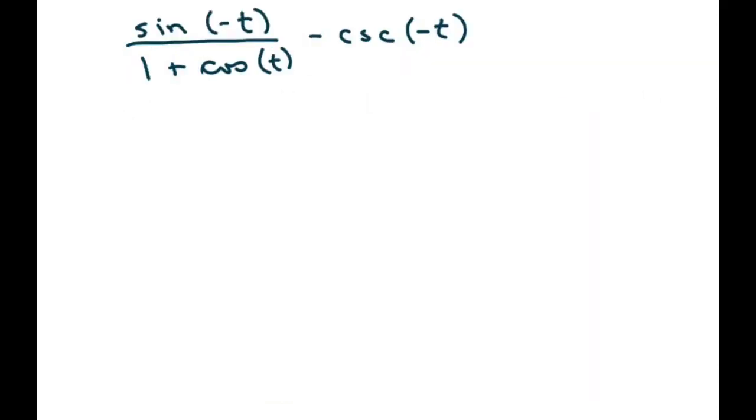So the first one we have, the first thing we're going to do is deal with the even odd. Sine is odd, so I'm going to pull out the negative. This is supposed to be a negative here. Cosine is even, so I can change that to a positive. So I'm just going to write that with the positive.